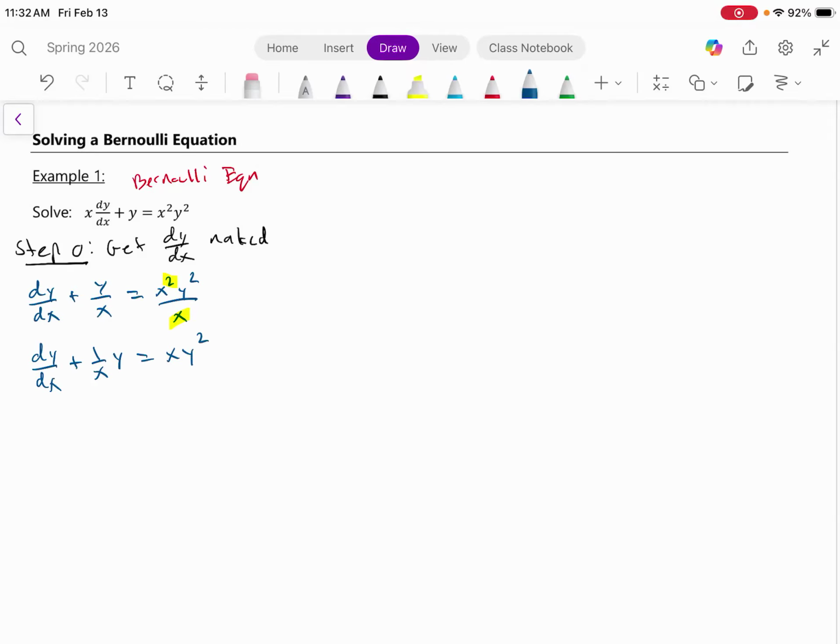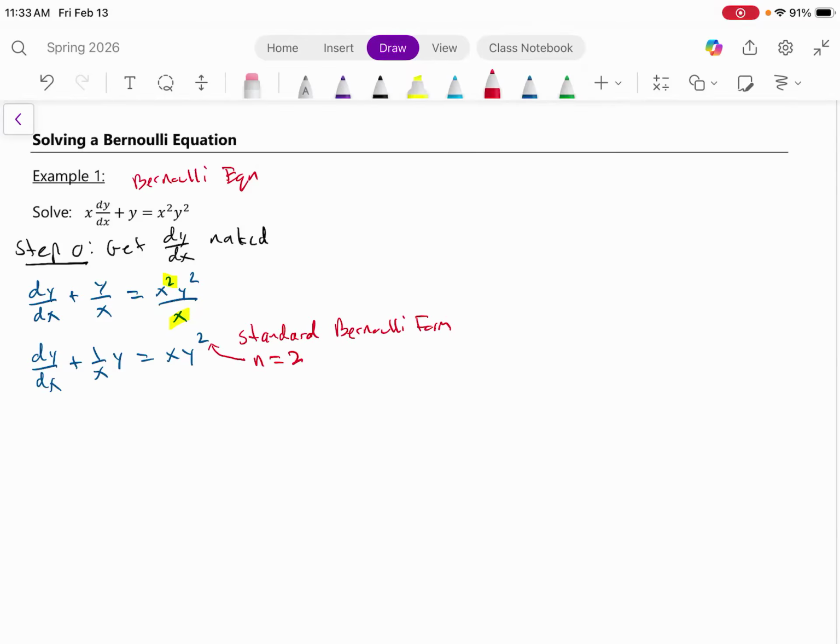Okay, so we are now in standard Bernoulli form. And notice that now that 2 gives us our n equals 2.